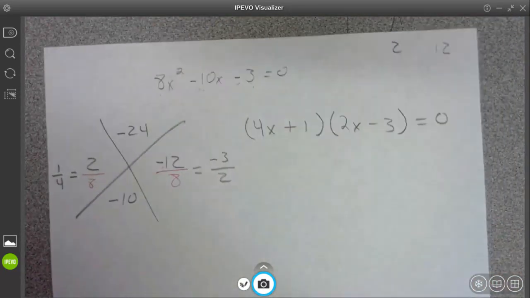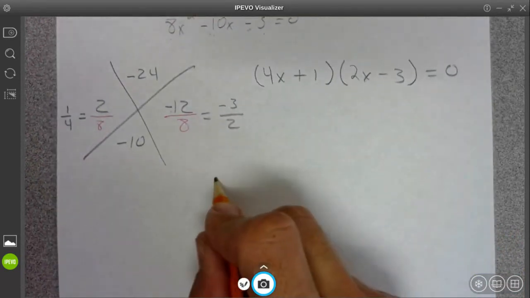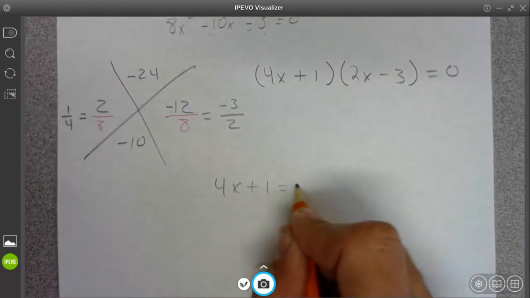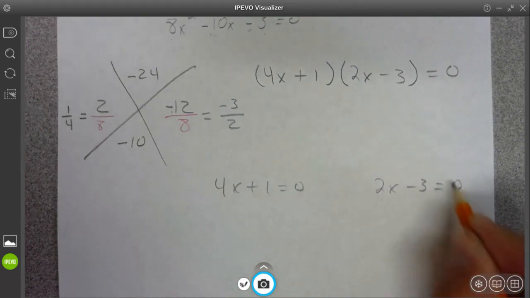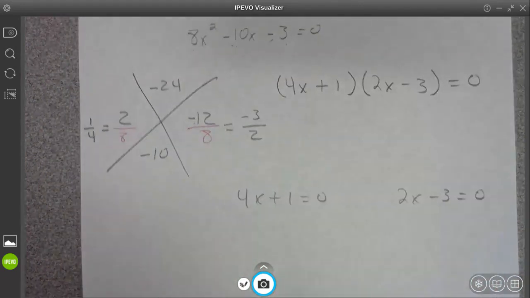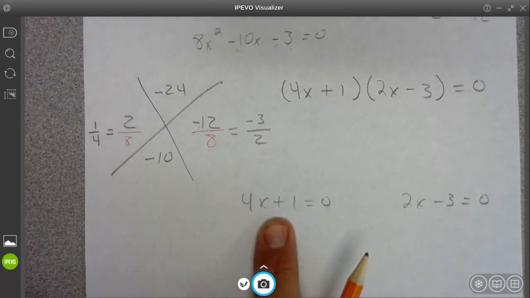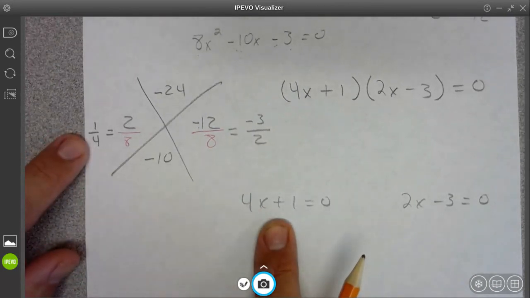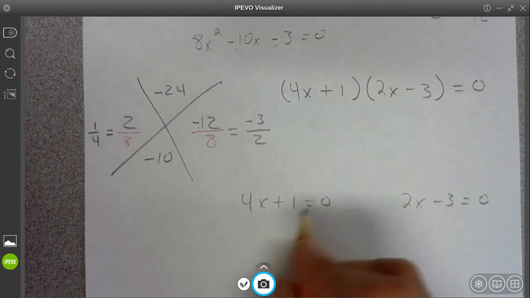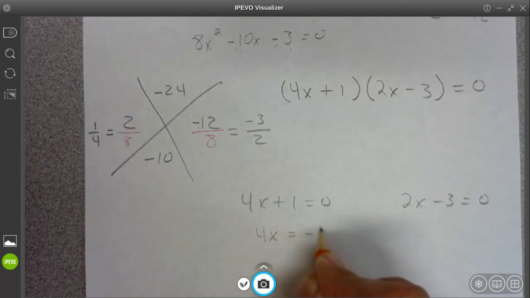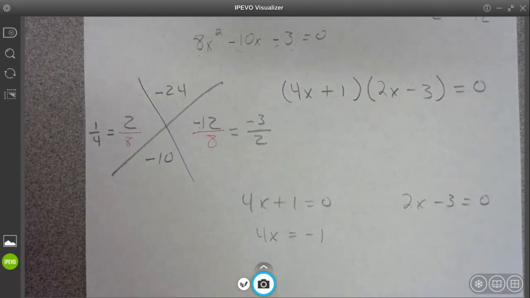Let's set these equal to 0 and solve. And 2x minus 3 equals 0. So I'm guessing that on this one, I'm going to get the opposite of this. So negative 1/4. And that's right. You'll subtract 1 and then divide by 4.